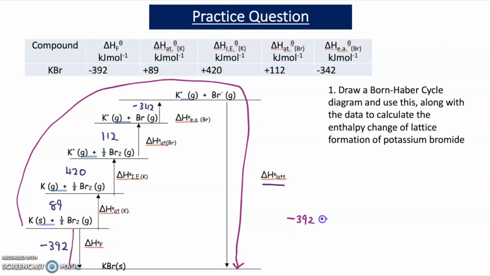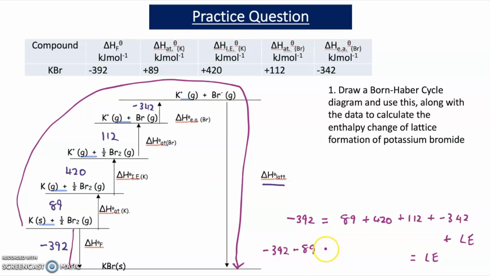Therefore I'm going to have minus 392 equal to 89 plus 420 plus 112 plus minus 342 plus the delta H lattice value, the enthalpy change of lattice formation. Now I don't have to change any signs of these numbers unless I'm going in a different direction to the arrows, but here I'm going the same direction as the arrows all the time, so I don't have to change any of these signs.